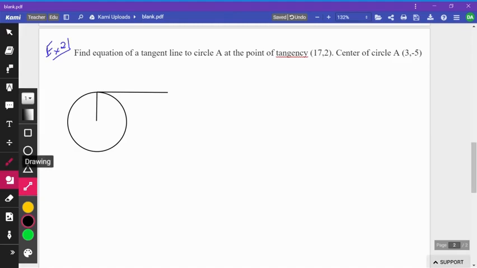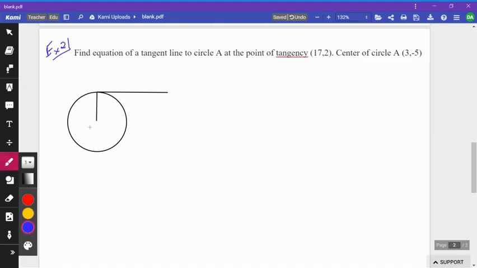So according to the problem, what we have is we have the center, which is 3, -5. And I have this point right here, 17, 2. Now this is not drawn to scale because I know 17, 2 is not right above 3, -5, but this is just a visual. So if I'm going through here, what I want is the equation of this line.